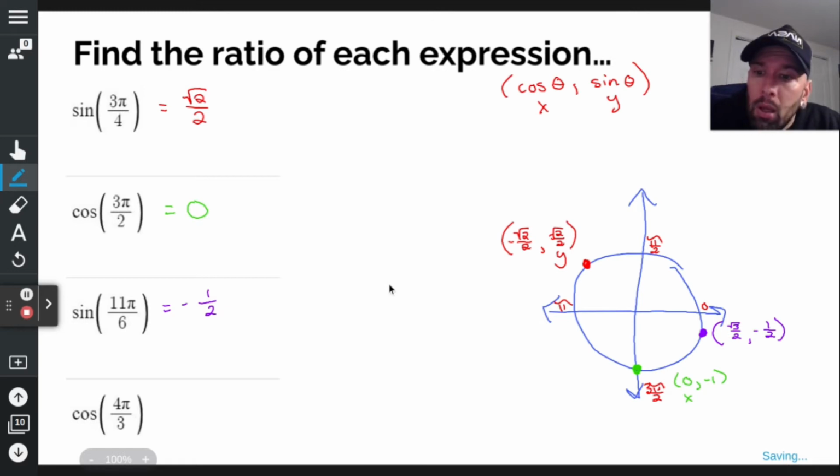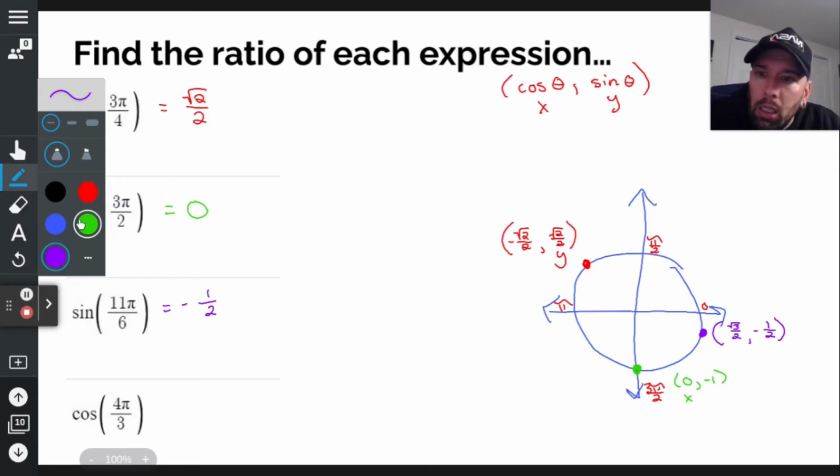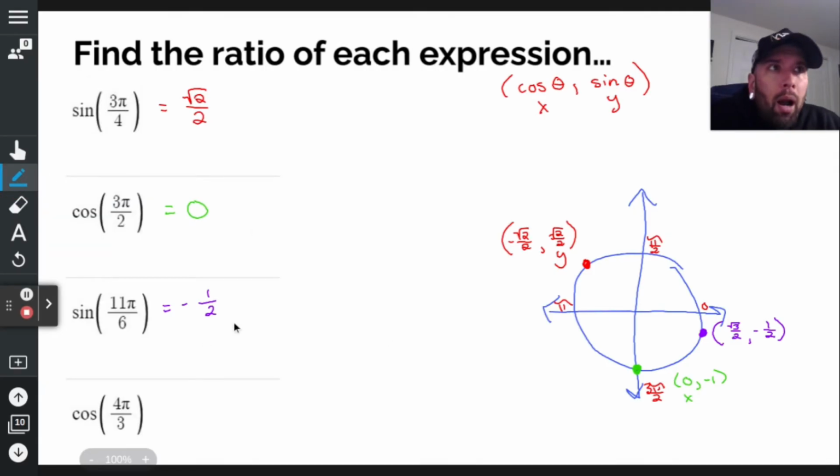Okay? Last but not least, cos 4 pi over 3. I'll use black. 4 pi over 3 is in between here and here, and that would be the third dot of this guy.